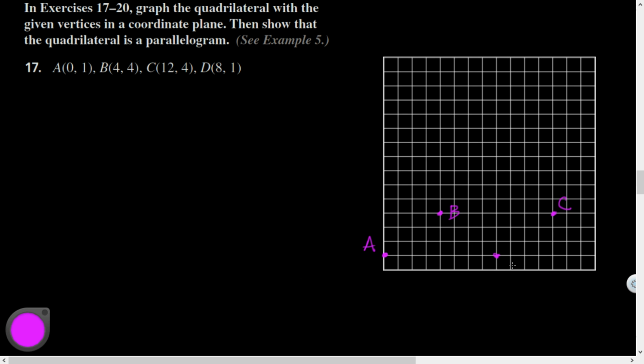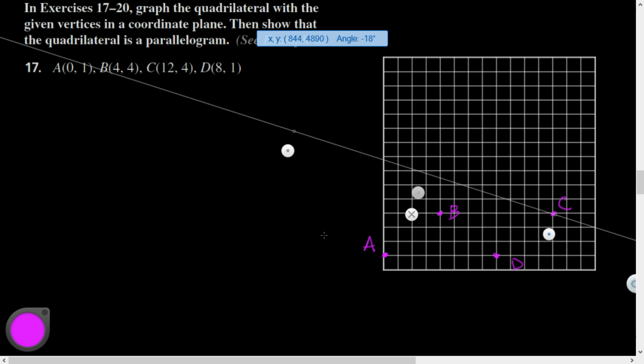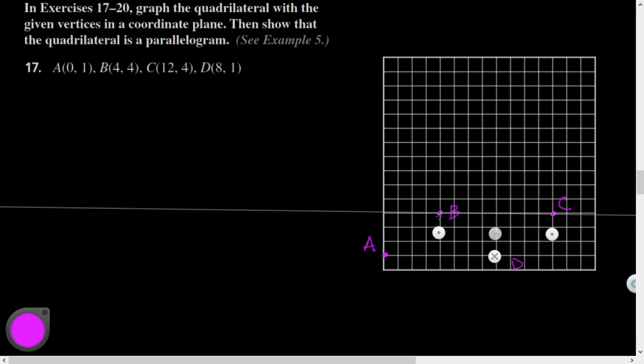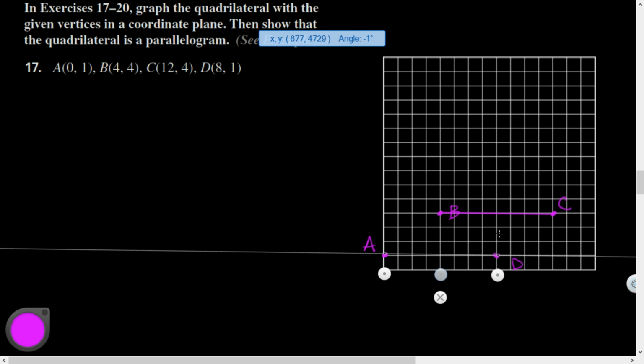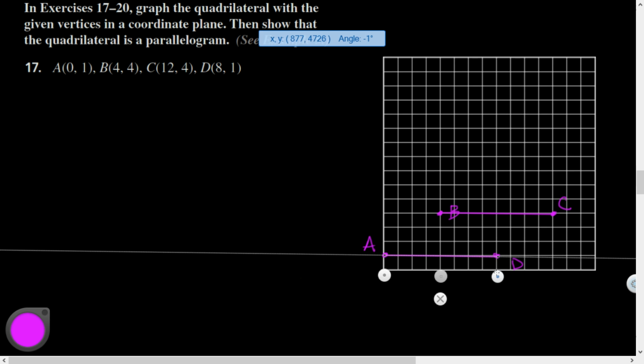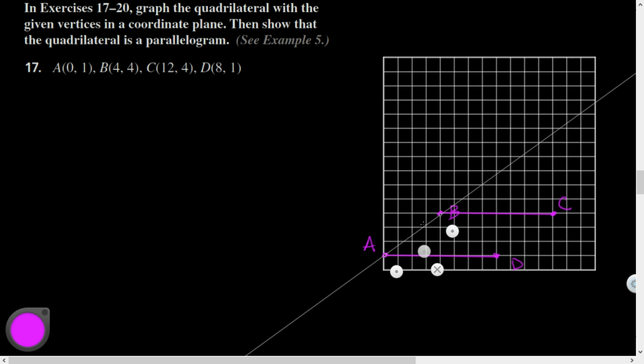There is D. Now, as far as proving that these 4 points that make a quadrilateral are a parallelogram, there's like a bunch of different ways I could do it. I could show that opposite sides are congruent. That would be a 4-distance formula problem.